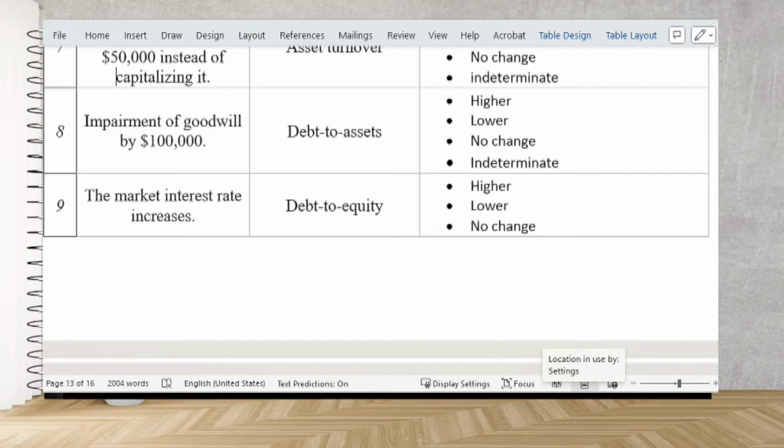So does the debt value go down or does the debt value increase? Increases. If the market interest rate increases, then debt value increases. I'll explain.